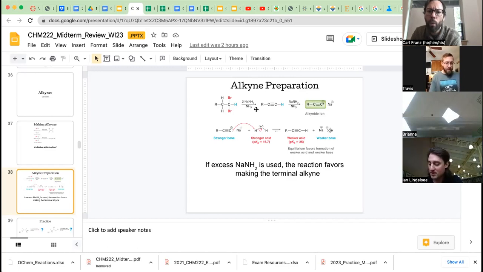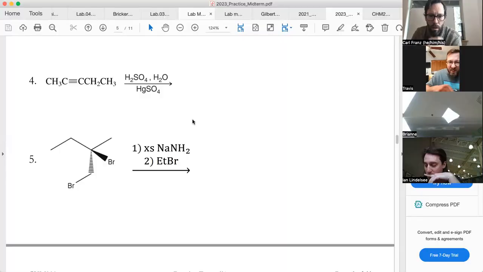And so we create acetylene, and then we can deprotonate it with excess sodium amide and form the acetylide ion. Then we're adding an ethyl, exactly. And it's Markovnikov.